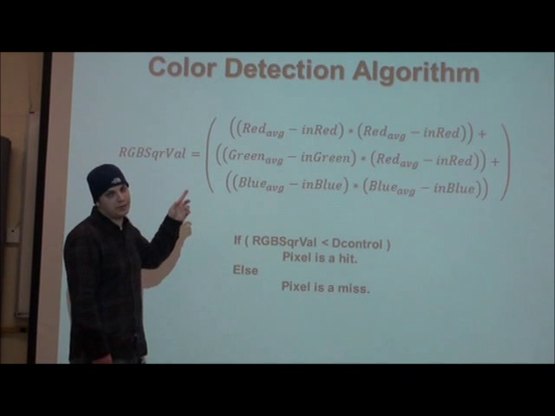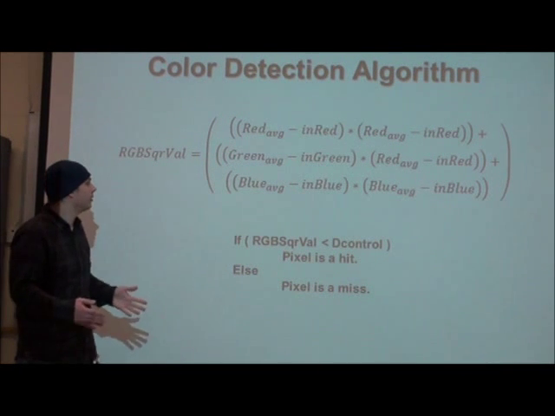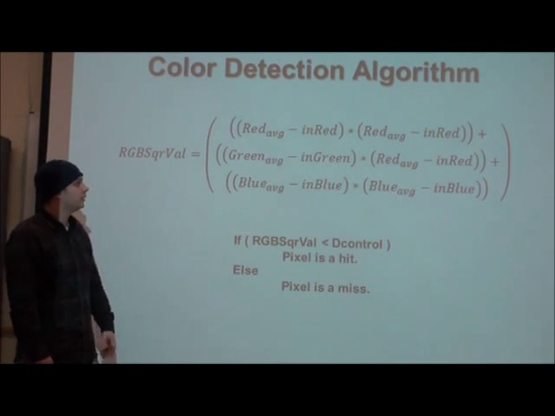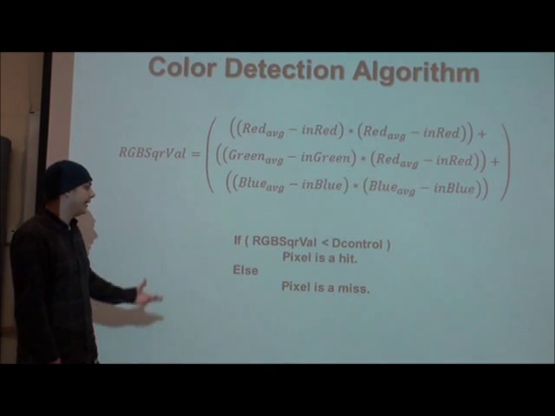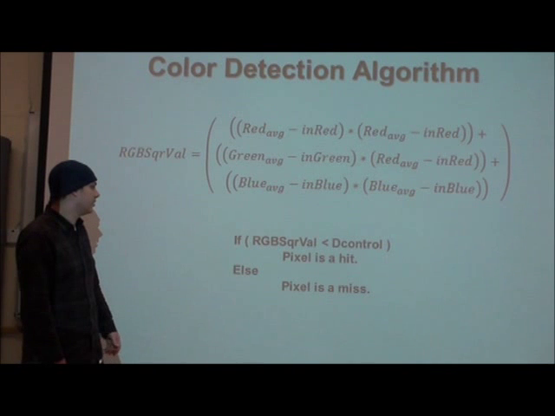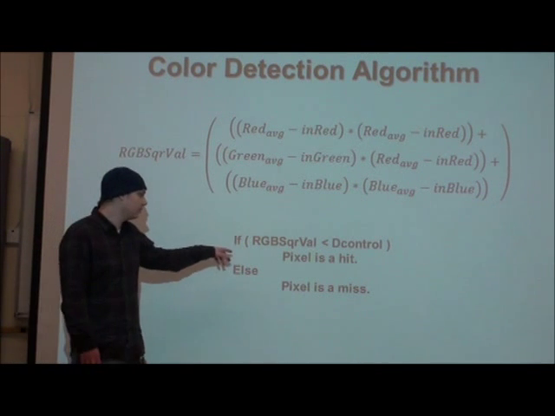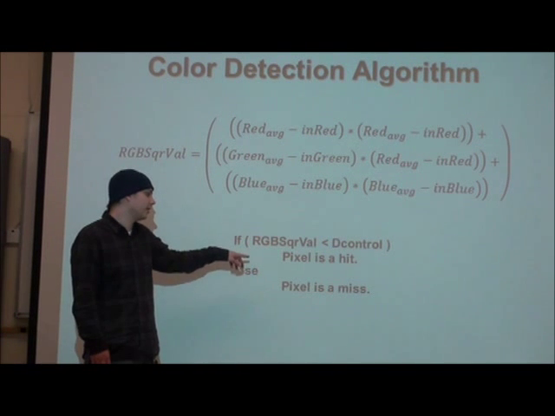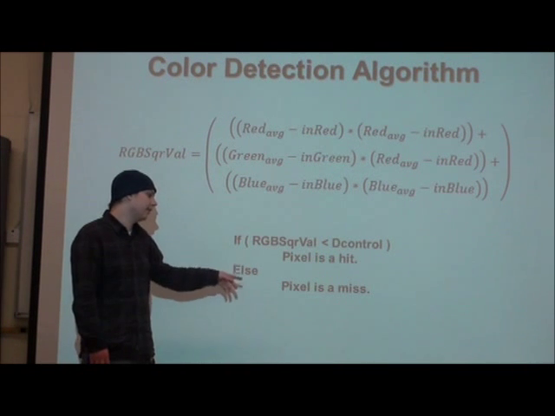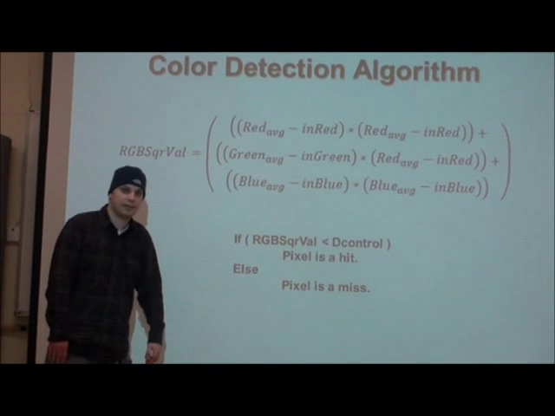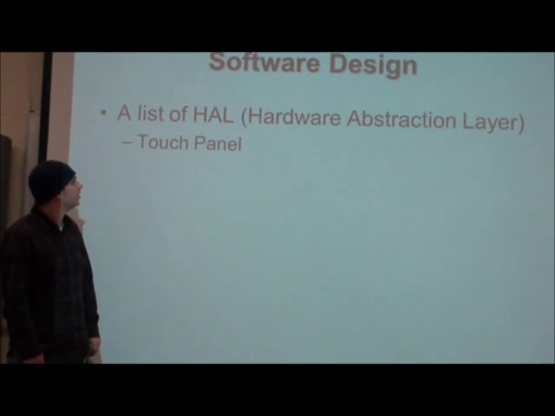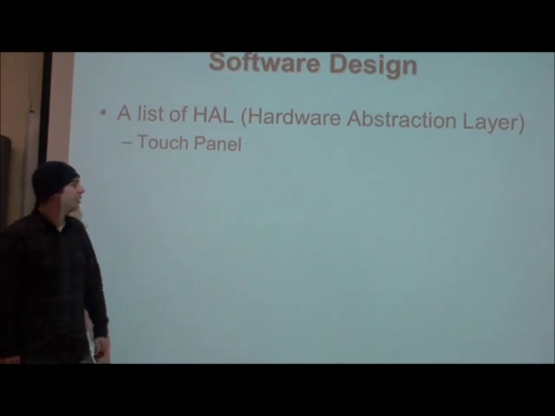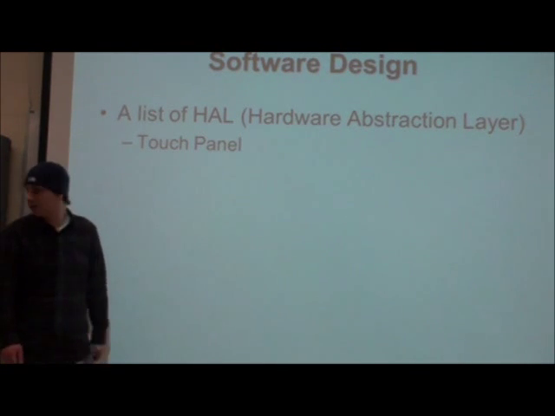You're supposed to take the square root of it to get the distance, but square rooting takes a lot of processing power, so we decided just to leave it as is. And then we have a simple if statement saying that if the squared value is less than some control value that we set up, the pixel is considered a hit, otherwise the pixel is a miss. And then there's a little bit more filtering that goes on that pretty much finds the ball.